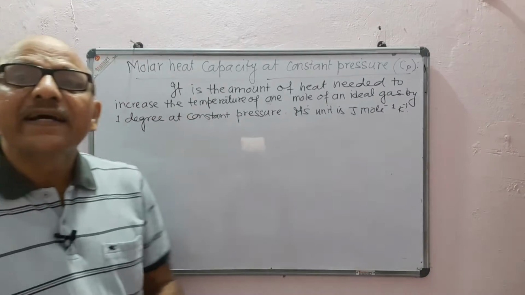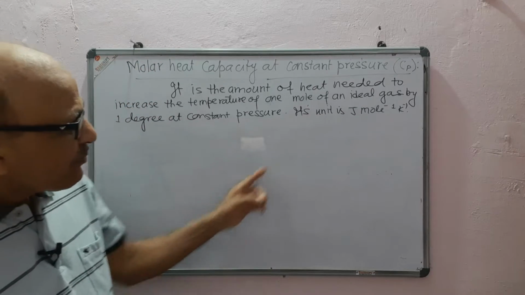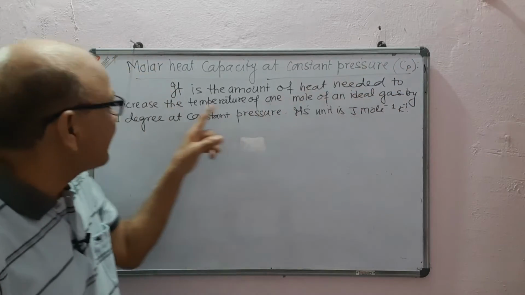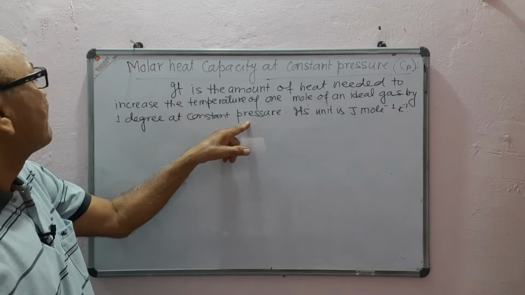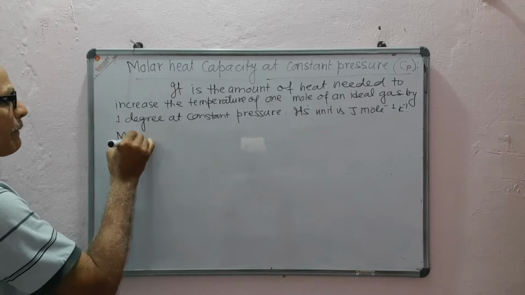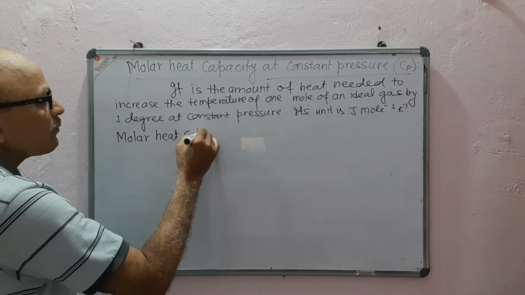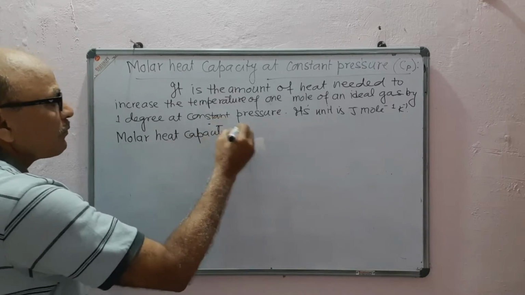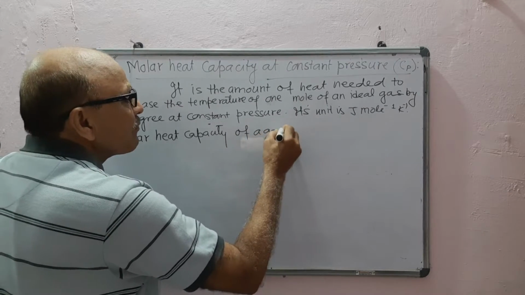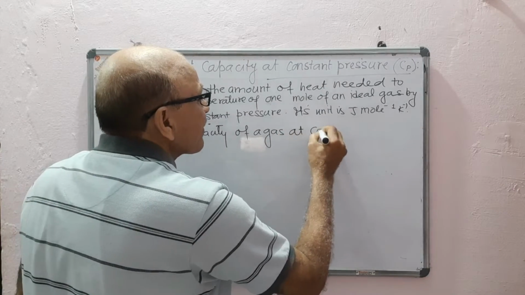Similarly, we can define molar heat capacity at constant volume by replacing pressure by volume here, here and here. That is molar heat capacity of a gas at constant volume.